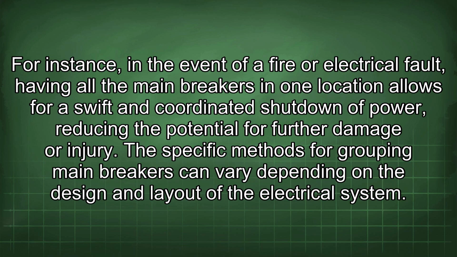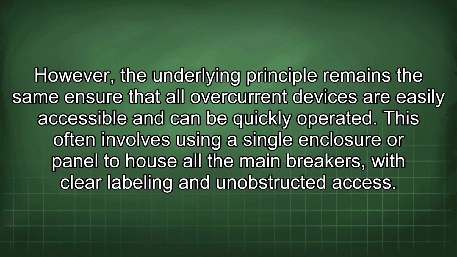The specific methods for grouping main breakers can vary depending on the design and layout of the electrical system. However, the underlying principle remains the same: ensure that all overcurrent devices are easily accessible and can be quickly operated. This often involves using a single enclosure or panel to house all the main breakers, with clear labeling and unobstructed access.